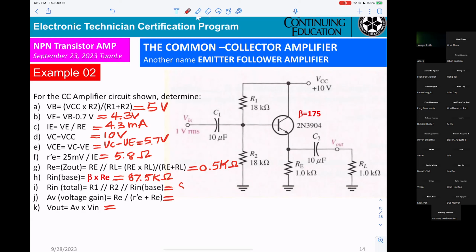Right, kilo. Anyone else get the same? Let me know. Yes, 8.16. Okay, perfect.